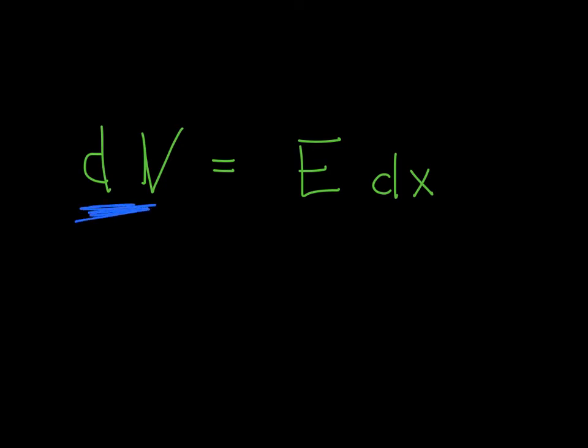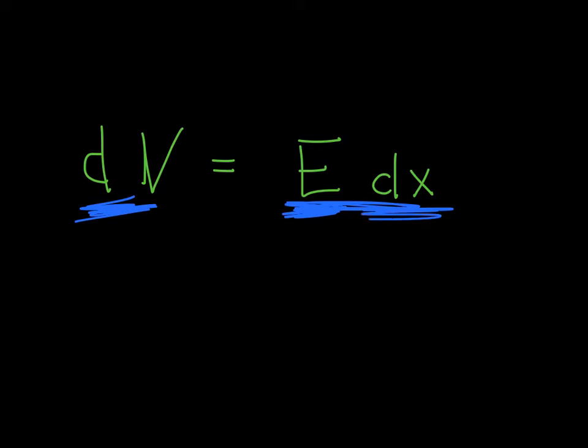So if we look at this, you can say that your potential, and I'm just going to use V for potential, equals your electric field times dx, change in distance. So your change in voltage, change in potential, is equal to your electric field that you experienced, assuming it's constant, times how far you went.